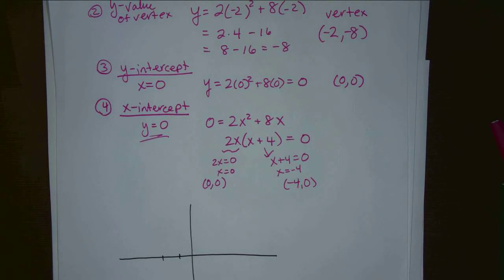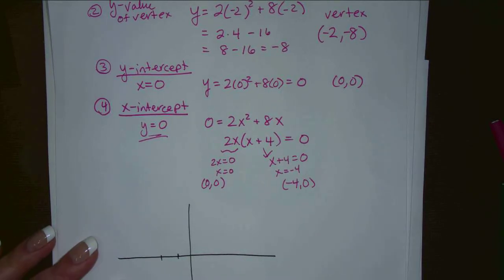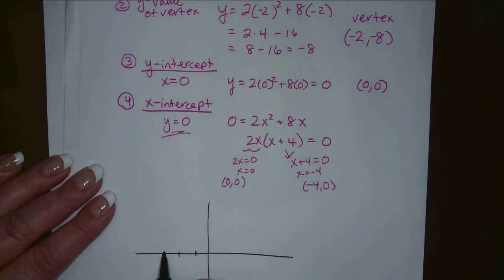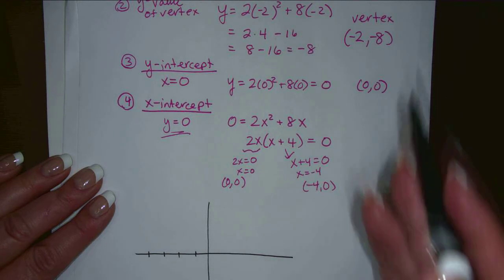Okay, you can put 2, 4, 6, 8, but you don't need to. You've got 1, and anything else would be around that. Okay, and our x values go down to negative 4, and there's no positive x values.